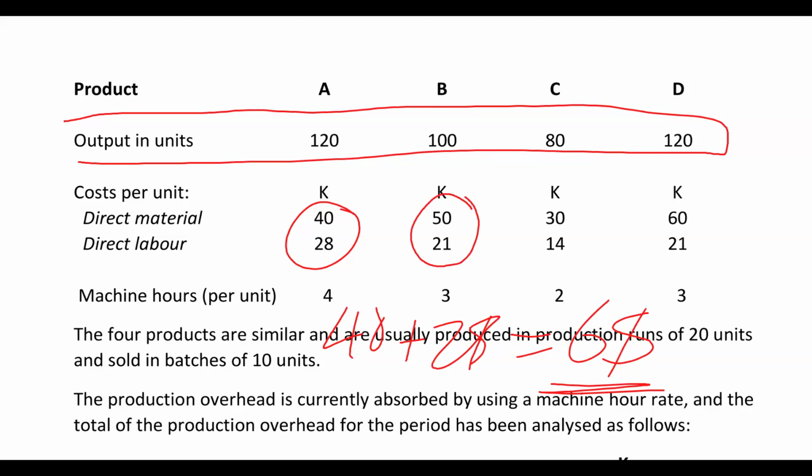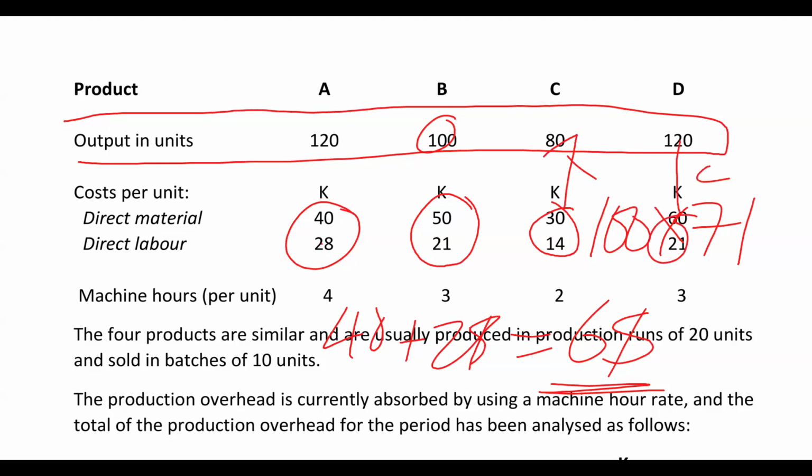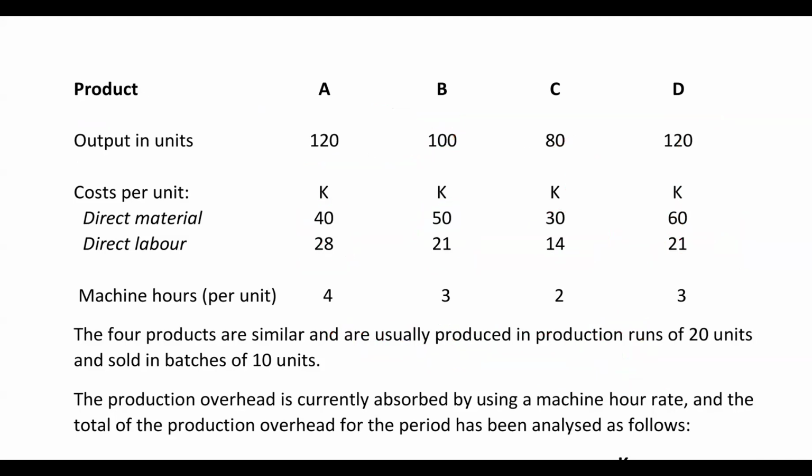So if you want to know the actual prime cost, the number of units, which are 100, should be multiplied by 71. That will give you the actual prime costs for product B. And for product A in a similar manner, that times that gives us the actual prime cost, for product C, this and that, and for product D. So in an orderly manner.